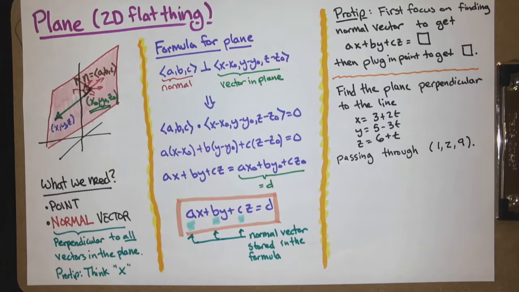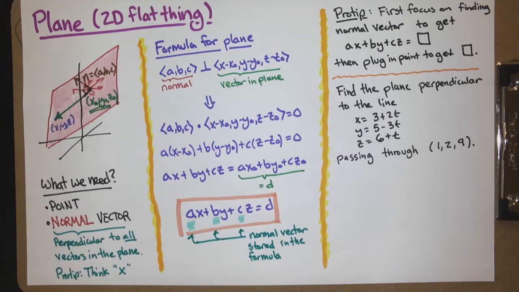All right. So how do you find your plane? 90% of the work is going to be trying to find your normal vector. So you have to think about what is the geometry of the problem telling you. Sometimes it's more straightforward. Sometimes it's more subtle. Sometimes it's really subtle. But think of the geometry of the problem and think about how you can get that normal vector. And start thinking about, well, if you have information, you have vectors, how do those vectors relate to your normal vector? And oftentimes you'll say, oh, they need to be perpendicular. And you start saying, okay, I'm on my way to a cross product.